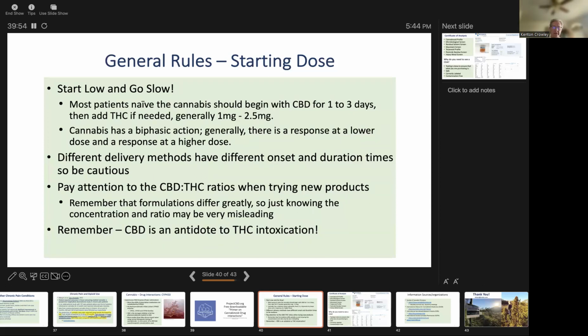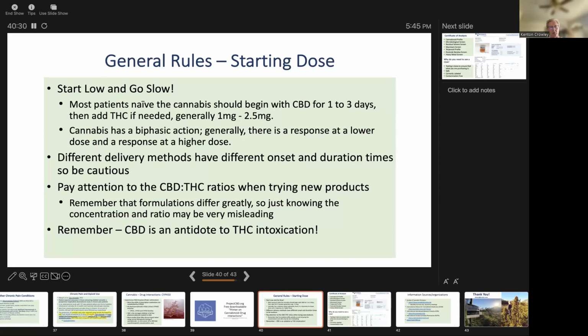For instance, with inhalation, you'll only get about 10 to 20% of a given dose of the THC component converting to the first metabolite, 11-hydroxy-THC, which is typically 3 to 6 times more potent in its intoxicating effect.